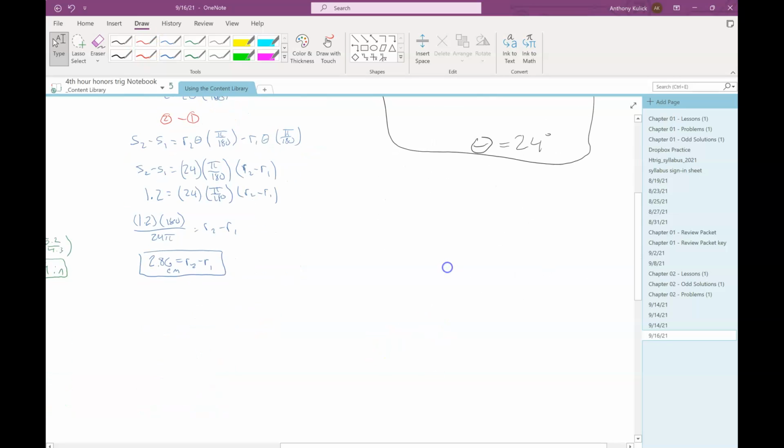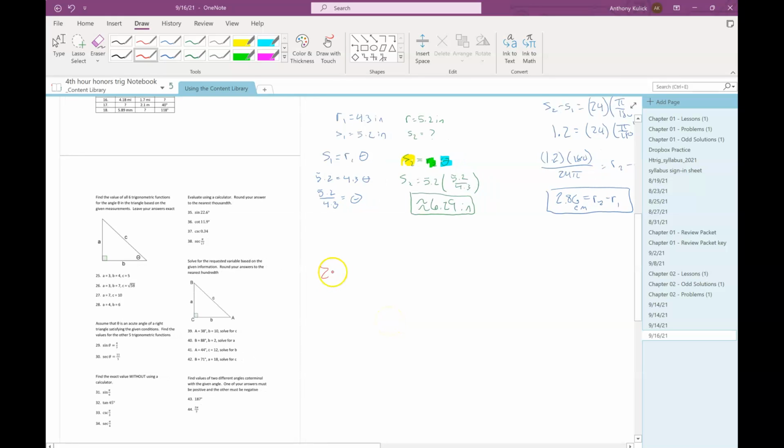So 29 says, assume that theta is an acute angle in a right triangle satisfying the given conditions, find the values for the other 5 trig functions. So in 29, sine theta is 4/7.